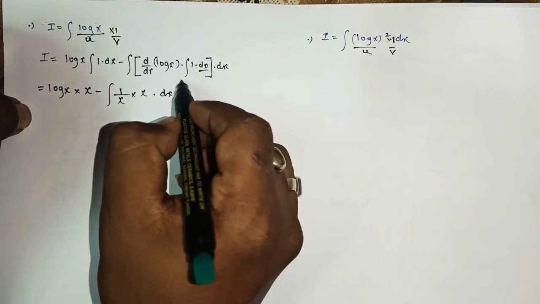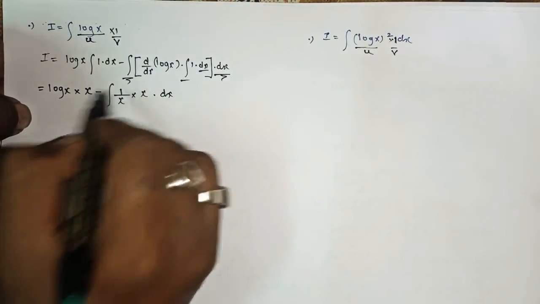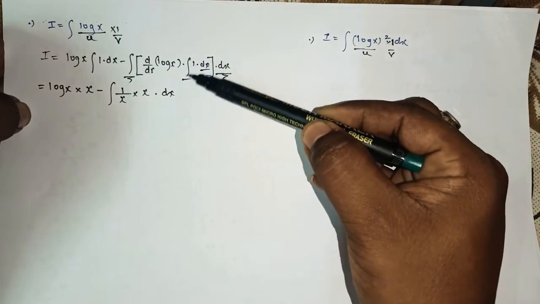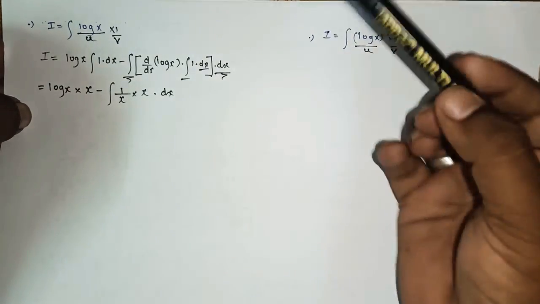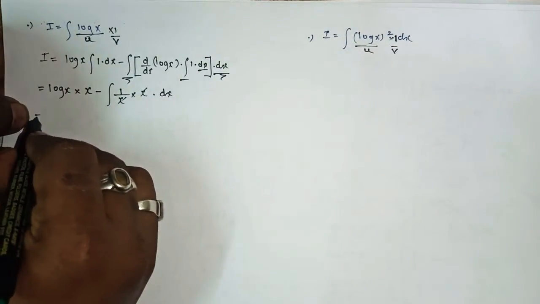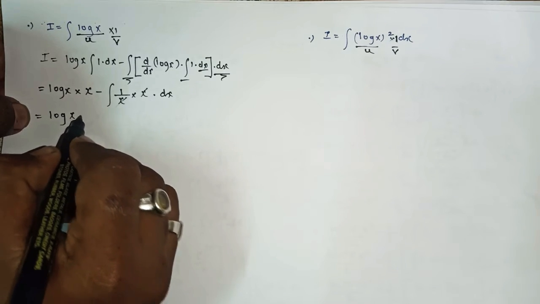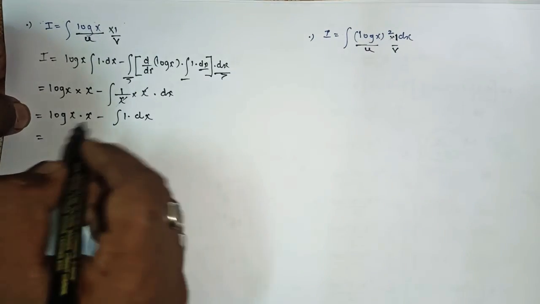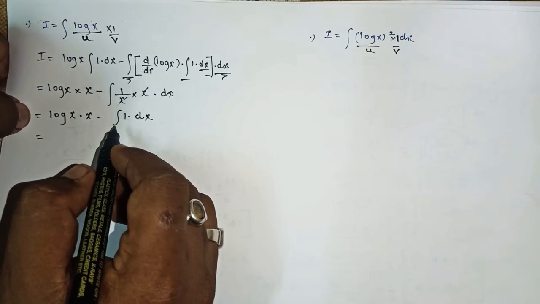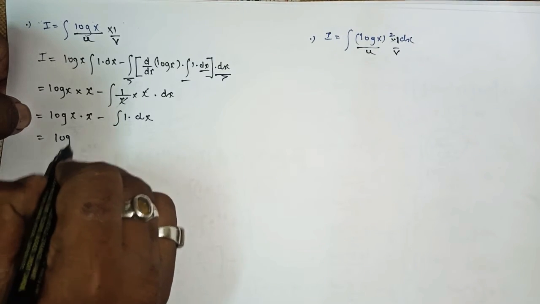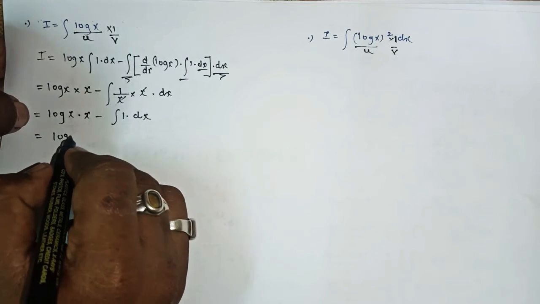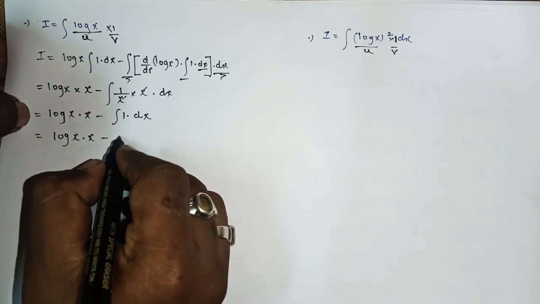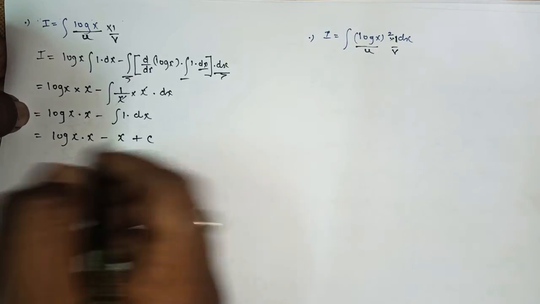Remember, this dx is for this integration and this dx is for this integration. Derivative of log x is 1 by x, integration of 1 is x, yes or no? So this x will get cancelled, and you will be left with log x into x minus integration 1 into dx. The function is still inside the integral, so we have to integrate it with respect to x. So log x into x minus integration of 1, again it is x, integration is removed, plus c.